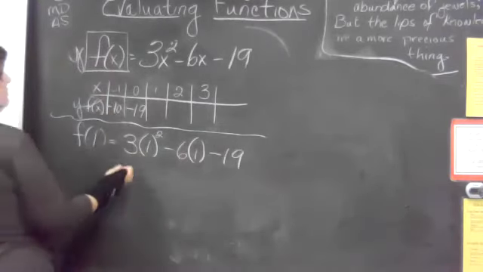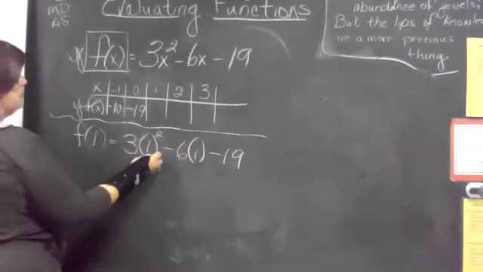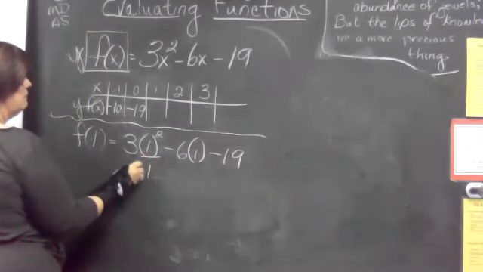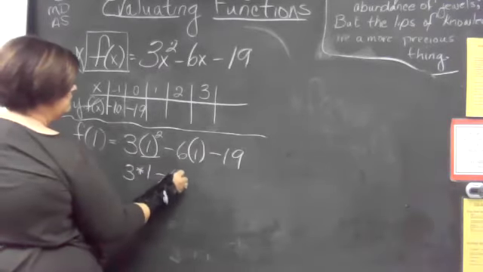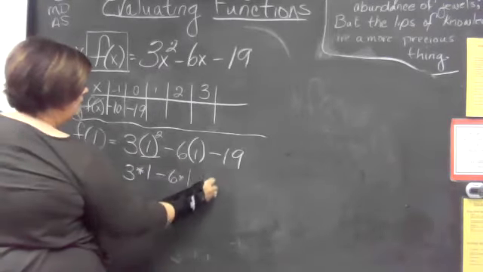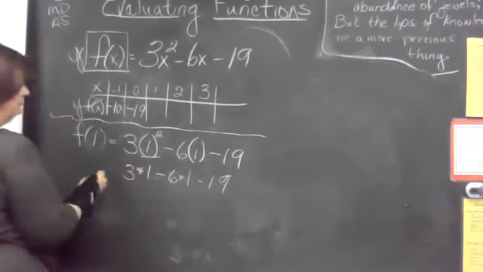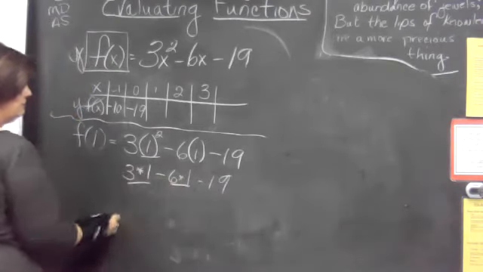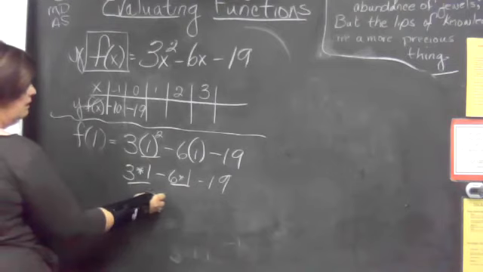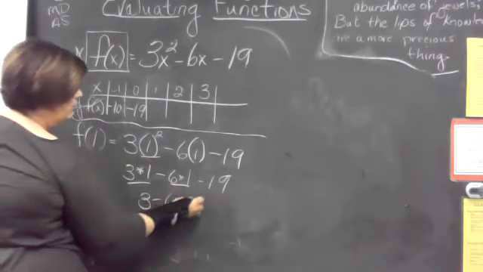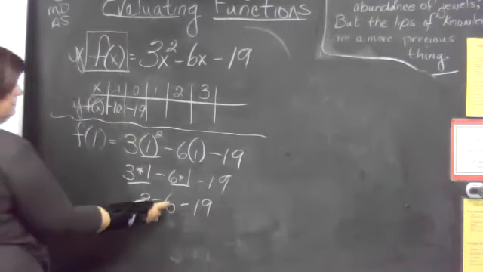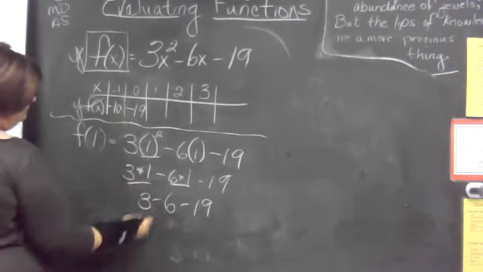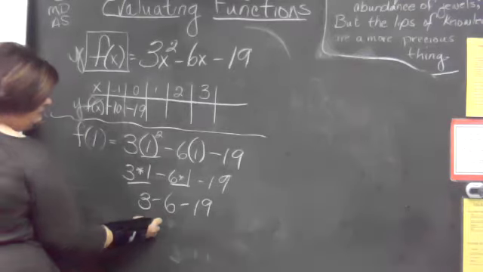Okay, and so exponents, we have 1 times 3 minus 6 times 1 minus 19. Okay, we're going to do the multiplies. So I have 3 minus 6 minus 19. 3 minus 6, there's where my negative 22 comes in.